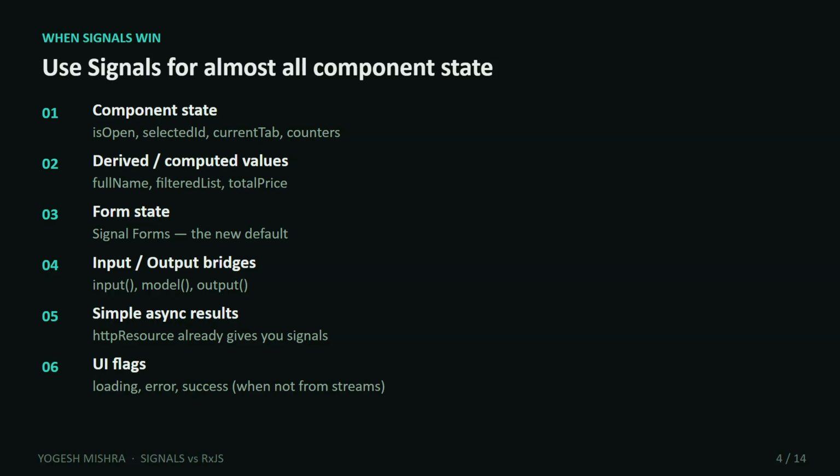Inputs and outputs in modern Angular are already signal based with input, model, and output. For simple HTTP results, httpResource already gives you signals. Even loading and error flags work well with signals as long as they are not coming from a continuous stream. The simple rule is that if you are just storing and reading a value, use a signal.